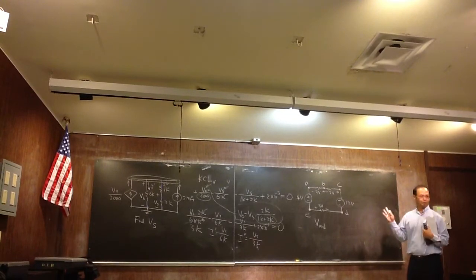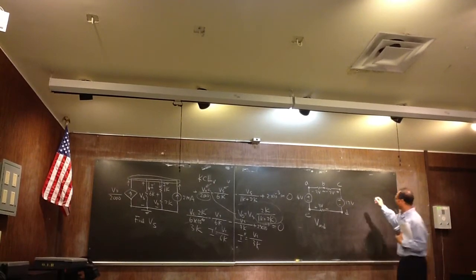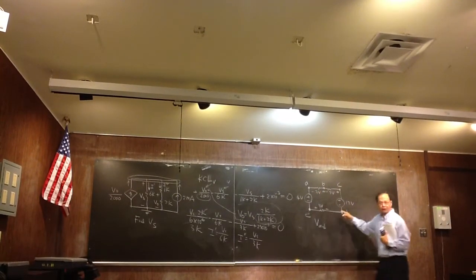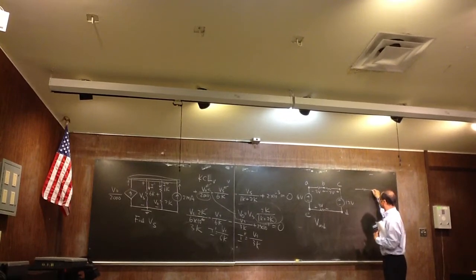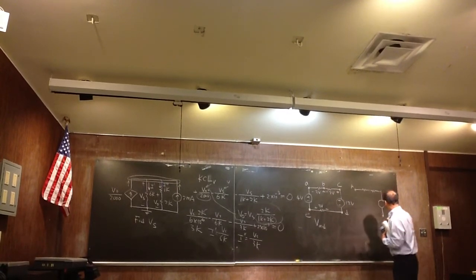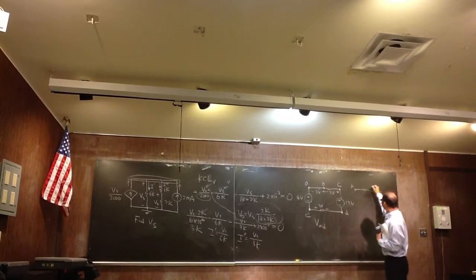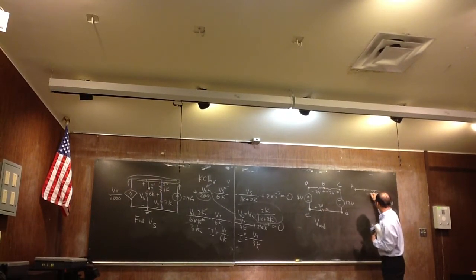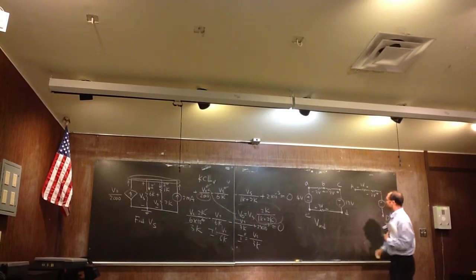Actually, all you have to do, quite simple, is to use KVL. Right? Okay. So if I go from A to D, that's 12 volts. This is already given, 2 volts. This is given, 3 volts.